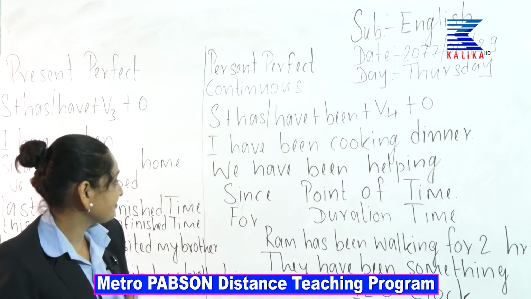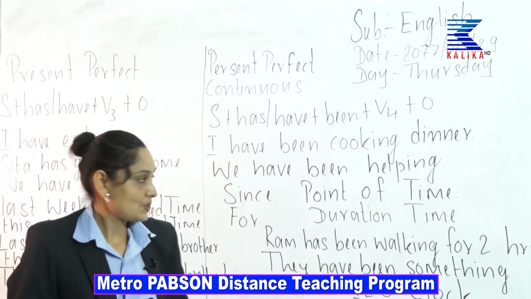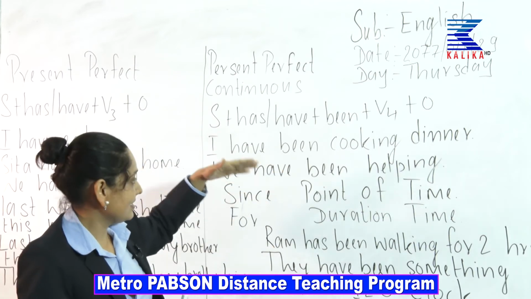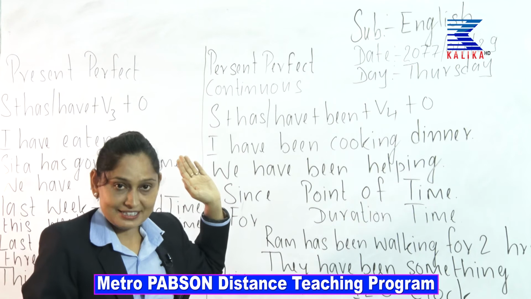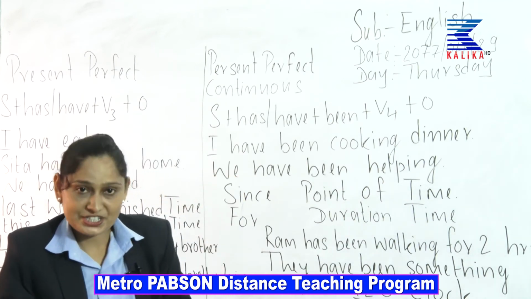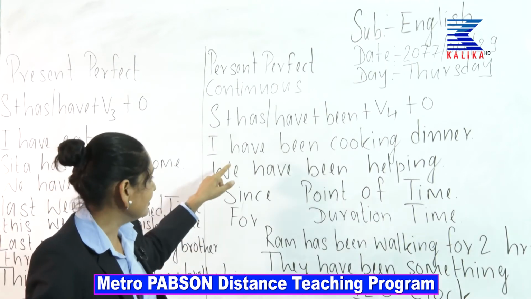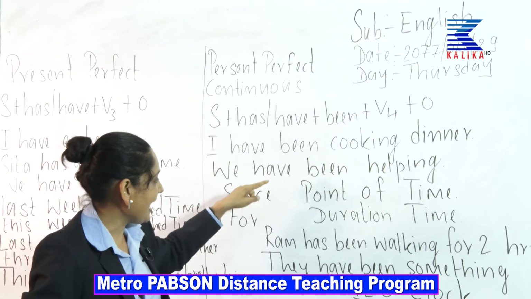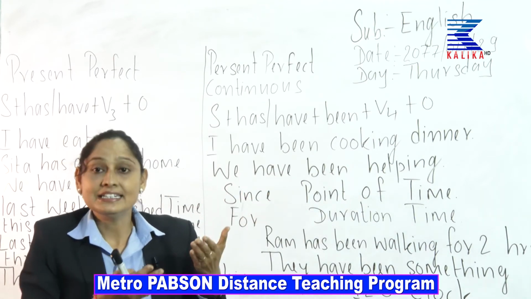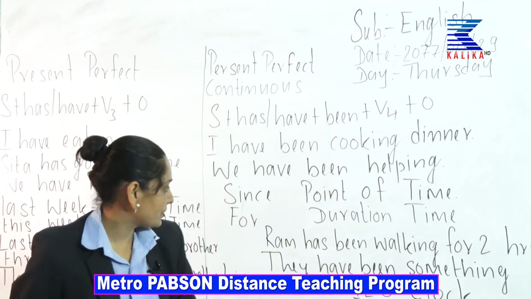Now look, I have been cooking dinner. This cooking work was started some period before, but still she is cooking and she may continue this work also. Another, we have been helping. They are helping and they can continue that work. So that is present perfect continuous.